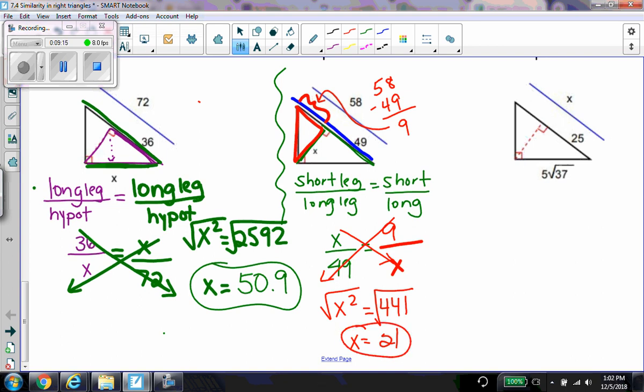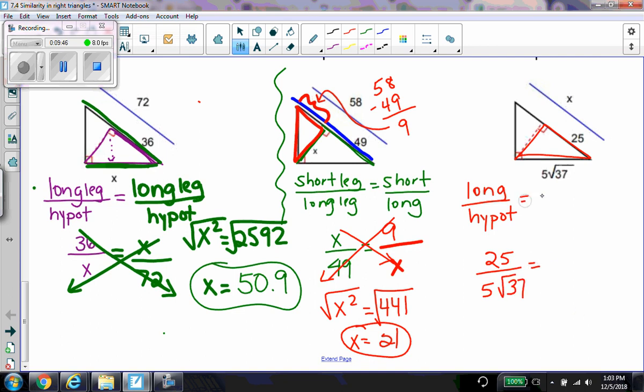All right, last one. Now this looks a little scary because I've got square roots in here. I think on this one, if I look at this medium triangle, I've got a long leg and a hypotenuse. Long leg over hypotenuse. Okay, so I know that's going to be 25 over 5 times the square root of 37.